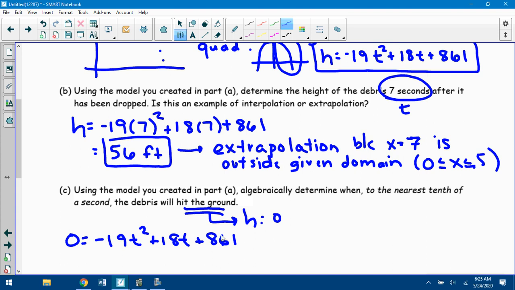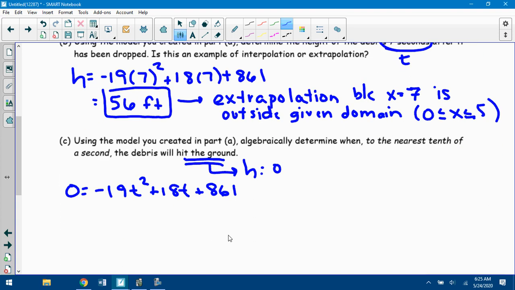Anyone remember how to solve that? Solve a quadratic. More good review from the year. This is when you have to use potentially quadratic formula, but maybe it factors. Remember what that thing is you should check first? The discriminant, b squared minus 4ac. Let's check this.